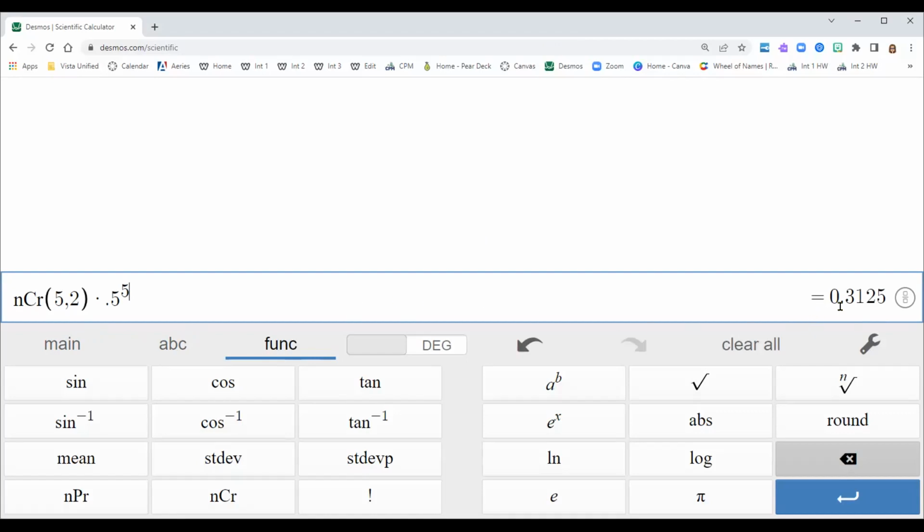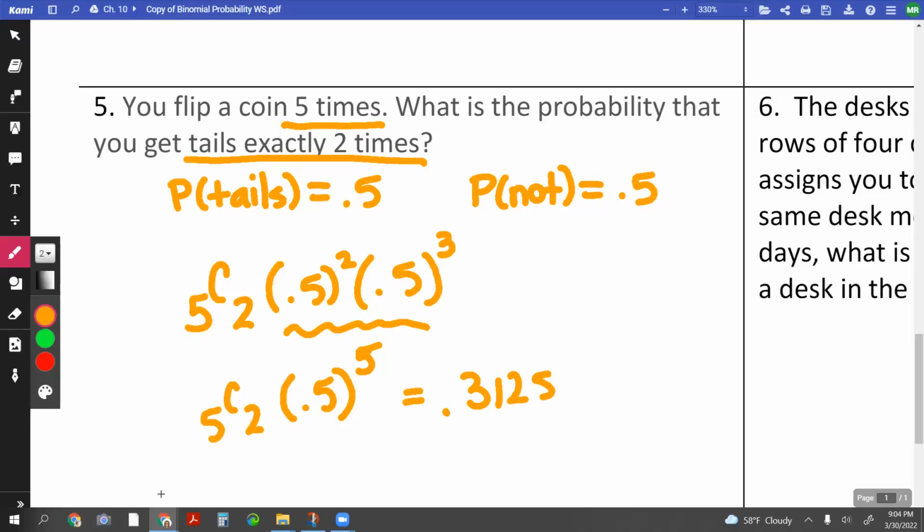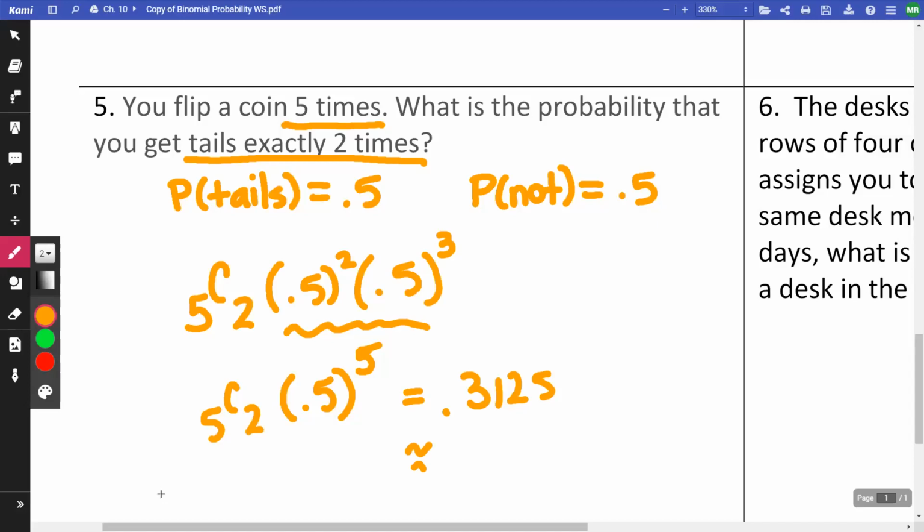And so we get 0.3125 as our answer. So that is going to be exactly, so I shouldn't say about, 31.25%.